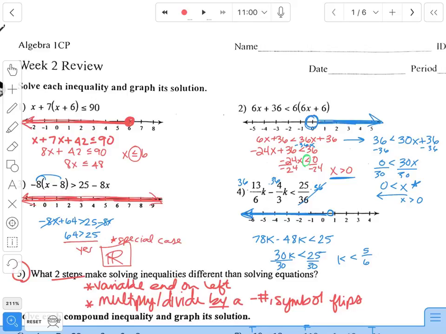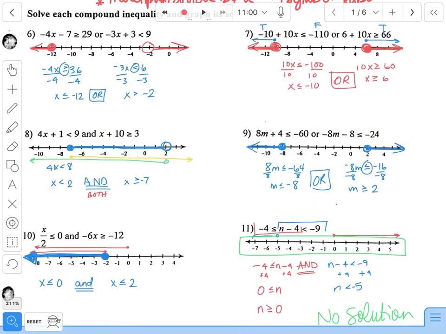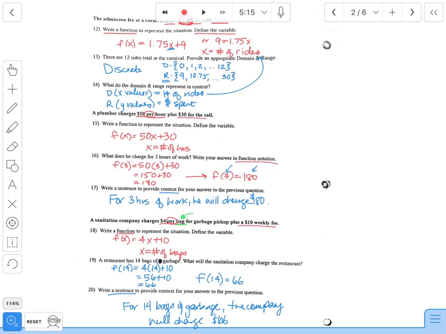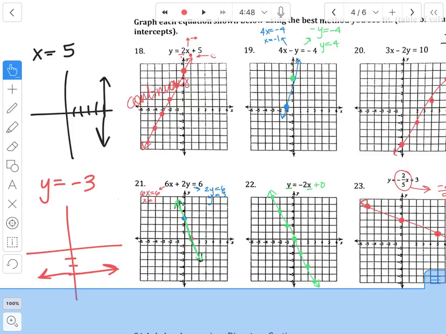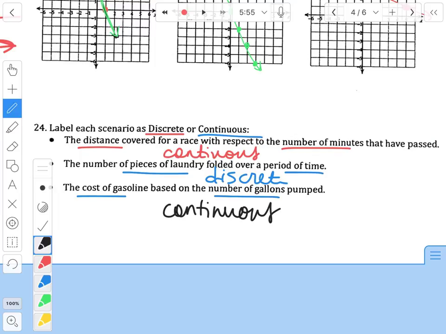All right, so here are the answers to the first page. And the bottom of the first page. Make sure that you're checking the answer on the final number line. The entire second page. The top of the third page. The bottom of the third page.